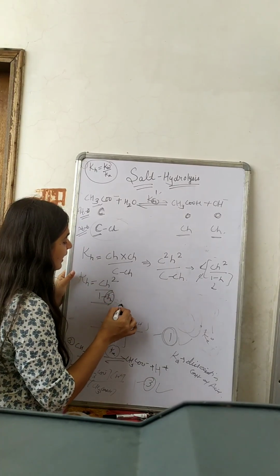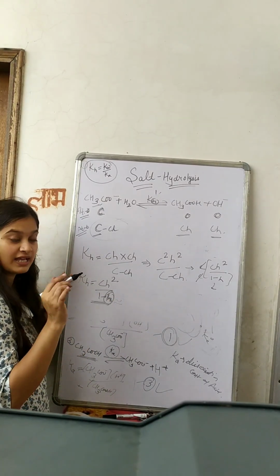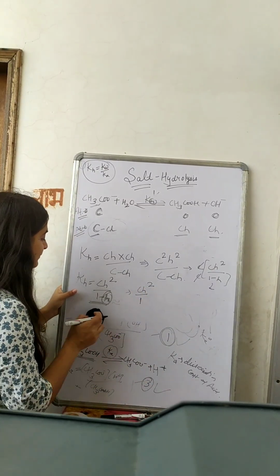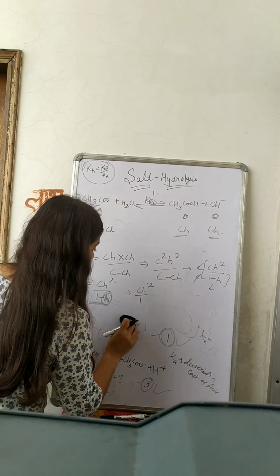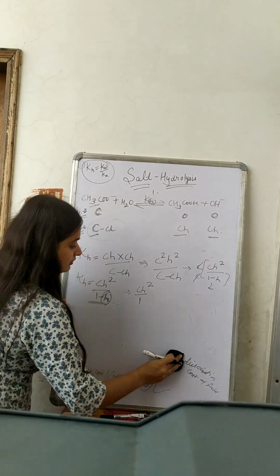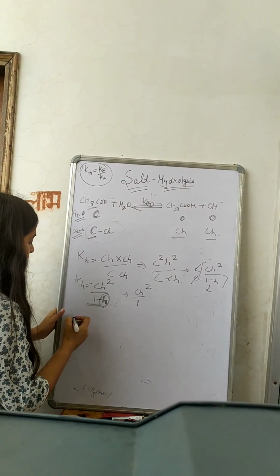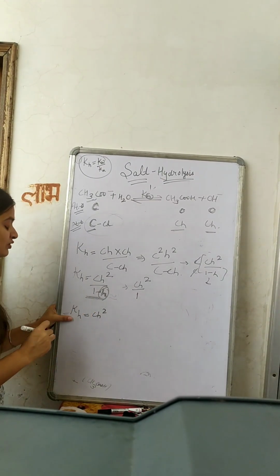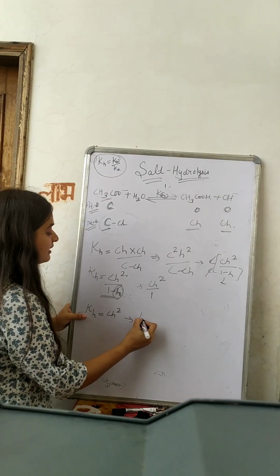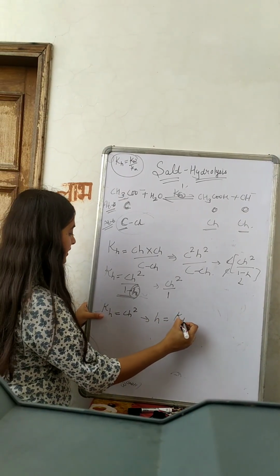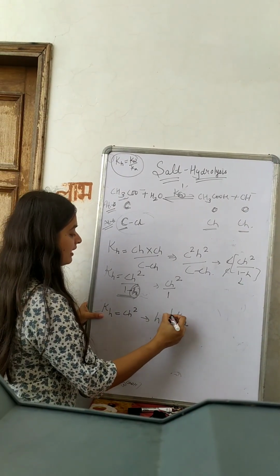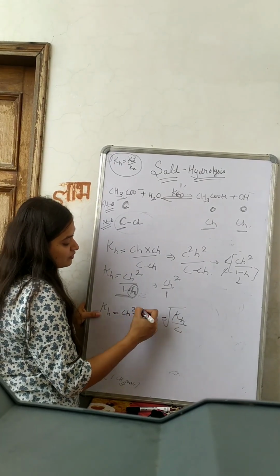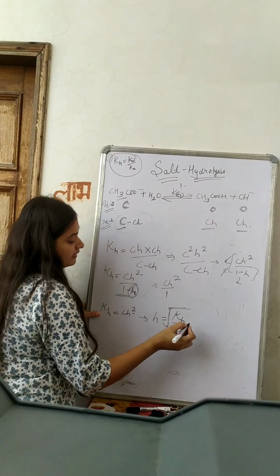That means we can say that in place of this 1 minus h, we can write 1. So the final term that we have is Kh is equal to Ch square. So we can also rewrite the equation like this, that h is equal to the under root of Kh by C, because here it is h square, so this square root is written like this.